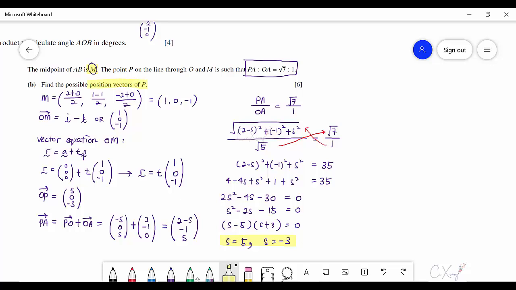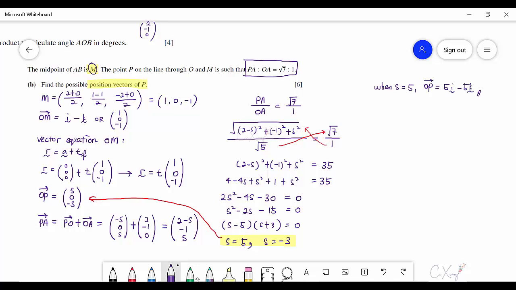So how can I get the position vector of P? You just need to substitute these into the OP formula originally. When s is equal to 5, what is your OP here? Your OP will become 5i minus 5k.